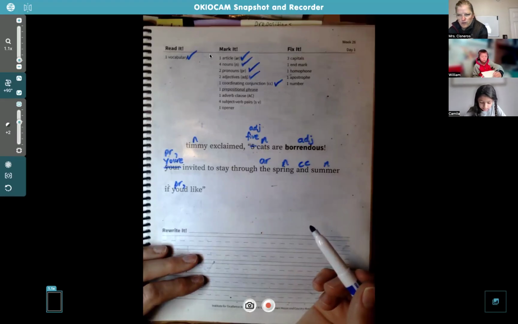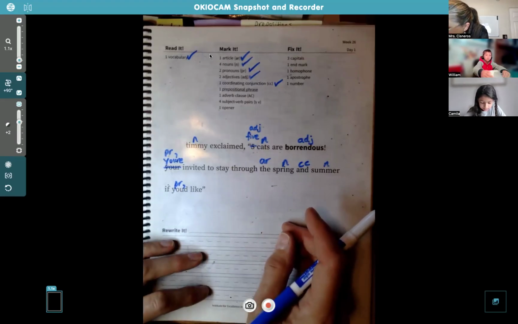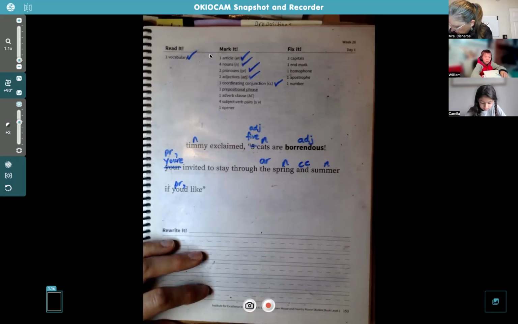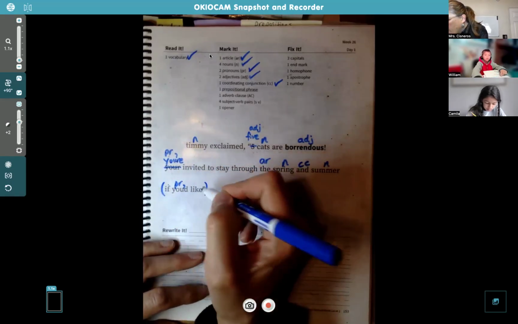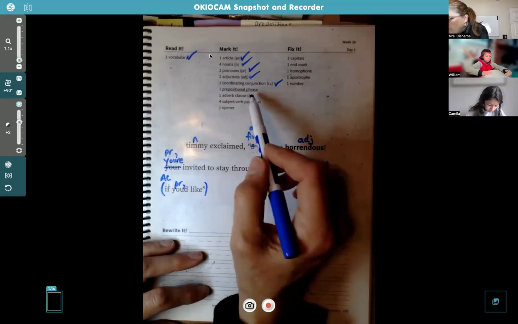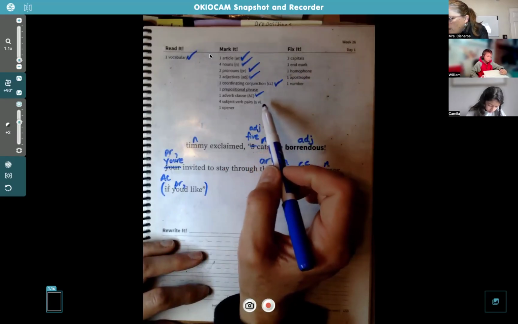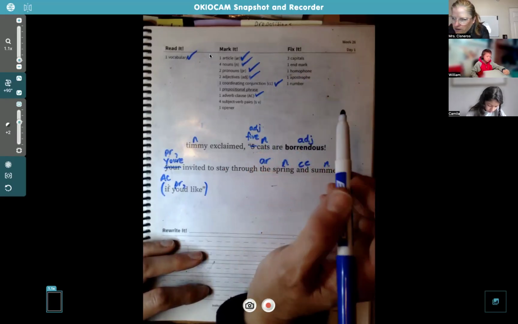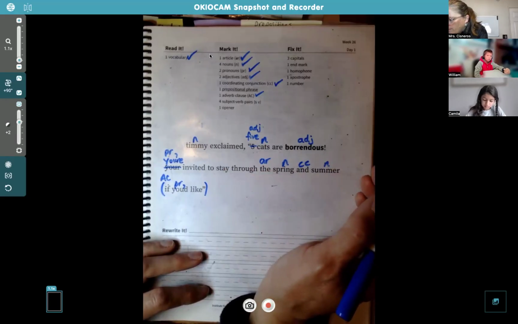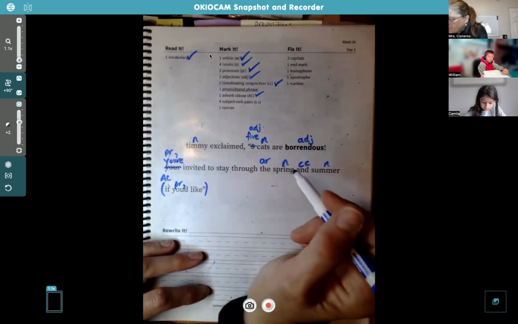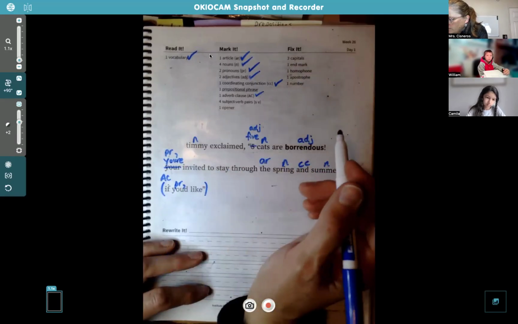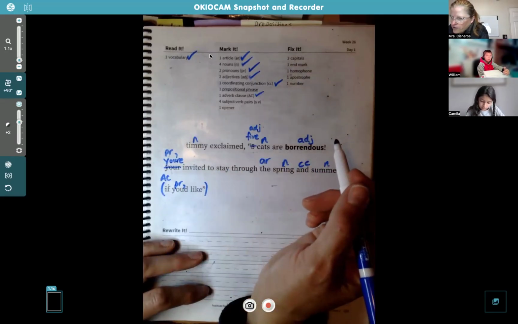What about the adverb clause, William? If you'd like. Yep, I heard that. If you'd like. And then, Camila, how about the subject verb pairs? Maybe you could do both of them that go together. Or you could start with verbs if that's easier. Exclaimed.